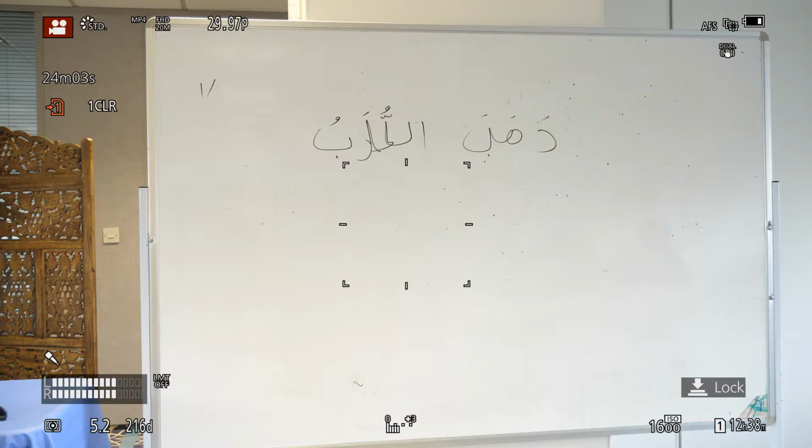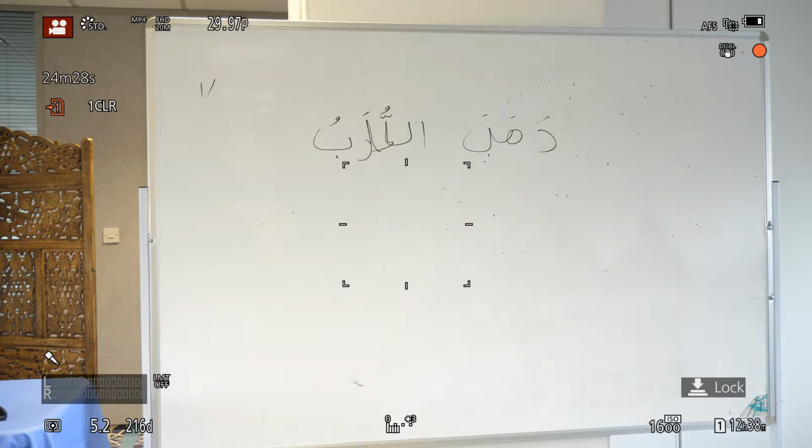Let's go through the meaning of each one. Laysa means what? He is not. Laysa means, so say it with the pronoun huma laysa. Both of them are not. Hum laysu, they are not. Laysat, she is not. Laysata, both of them females are not. Lasna, they are not.